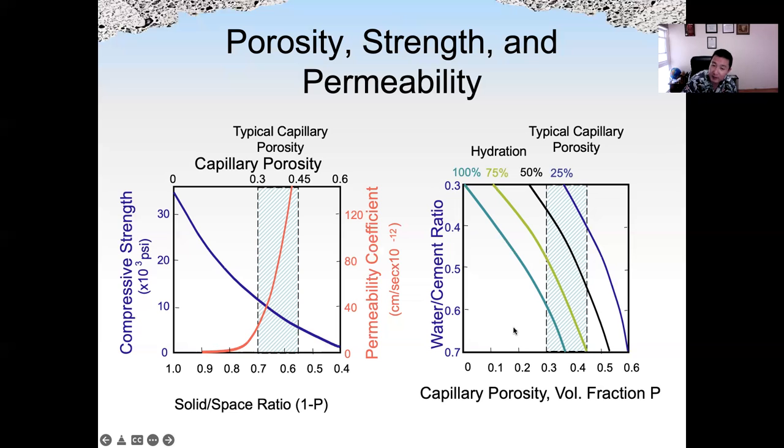So what we can see from here is, if we increase the water to cement ratio, then the porosity will also be higher. But for the same water to cement ratio, such as 0.5, for example, the higher the degree of hydration, we have a lower porosity.